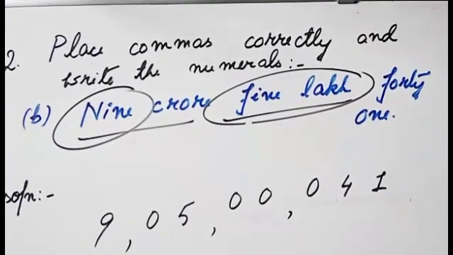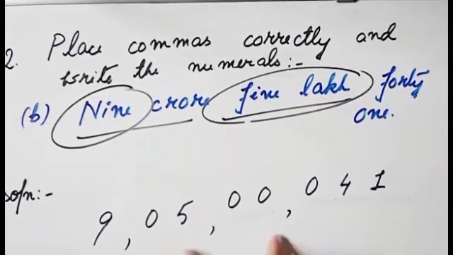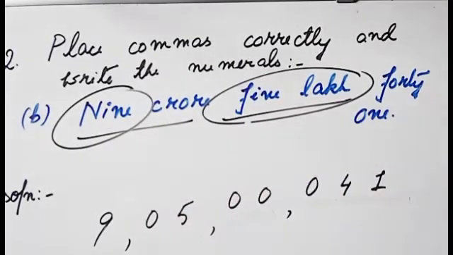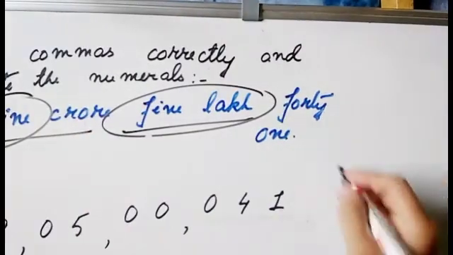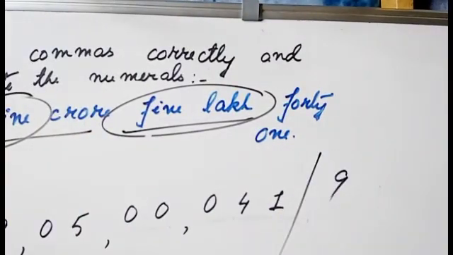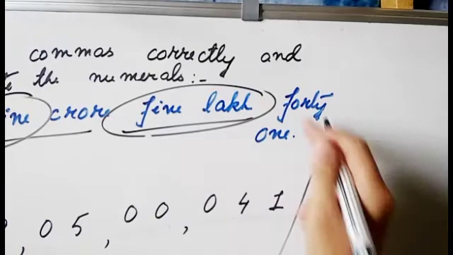Understood, students? This is how we are going to write the numeral of this given number name. Don't forget to put zeros.